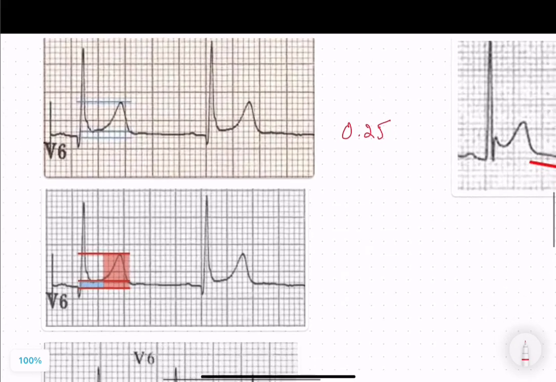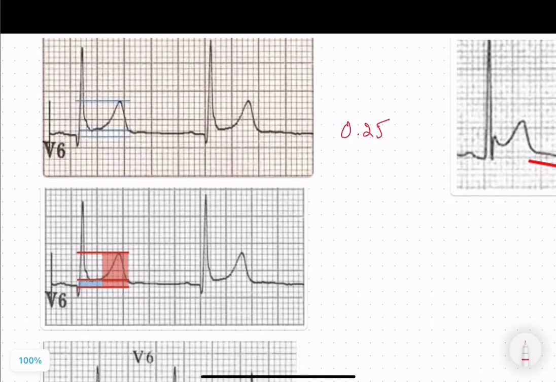Let's go for an example. Here, ST segment height is 1 mm, T wave height is 6 mm. So the ratio is 0.16, obviously less than 0.25, so it's consistent with benign early repolarization.